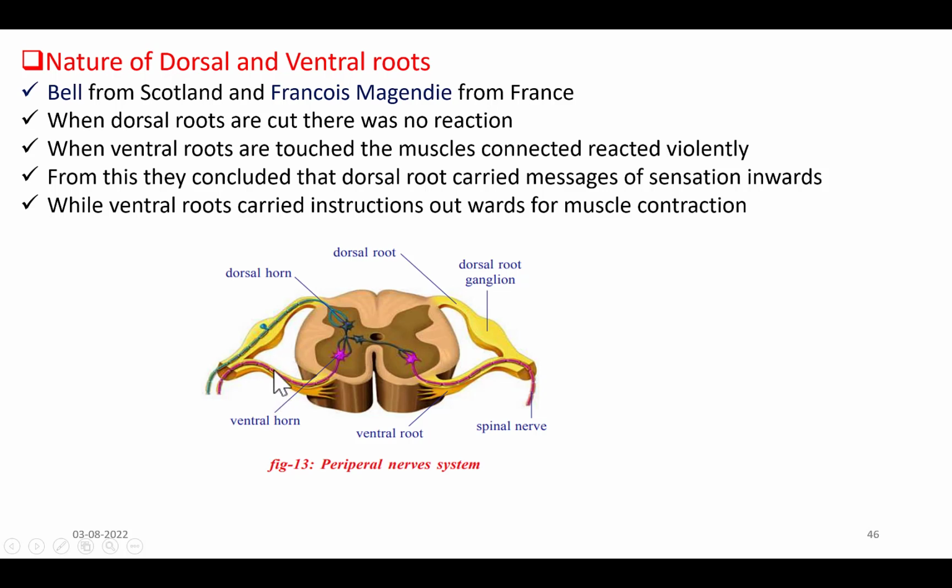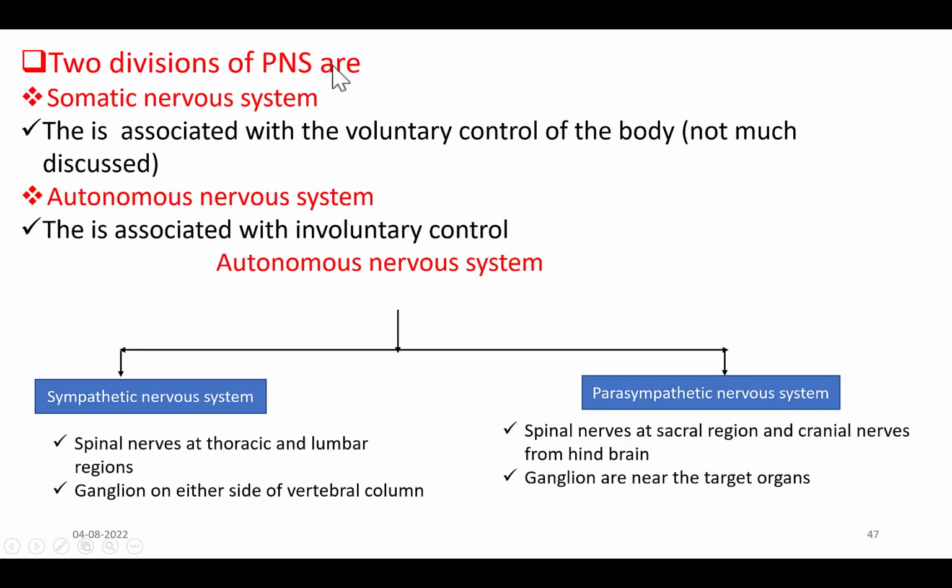Whereas when ventral roots are just touched, because they are carrying motor information to the muscles, they reacted violently. Did you understand? So this is how scientists came to know the nature of dorsal and ventral roots with their experiments. Let us now move on to the divisions of the peripheral nervous system.